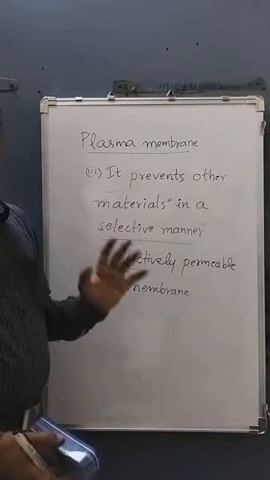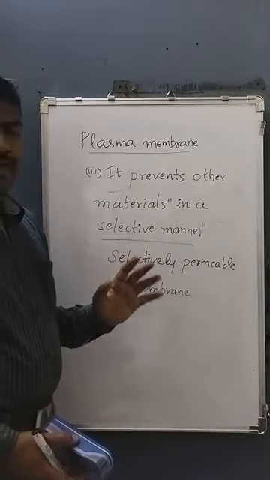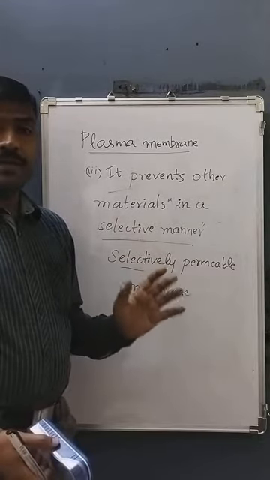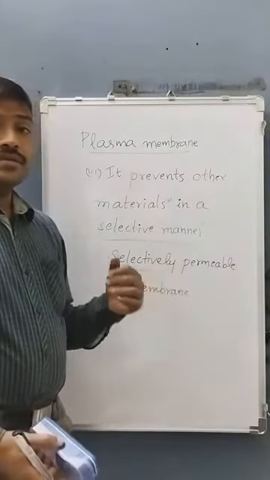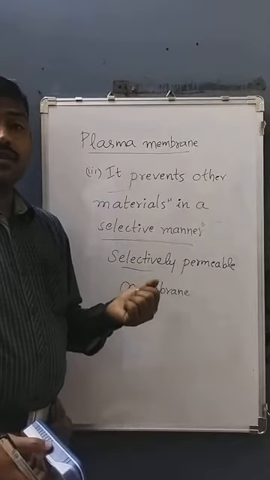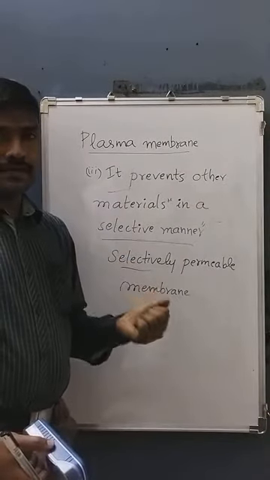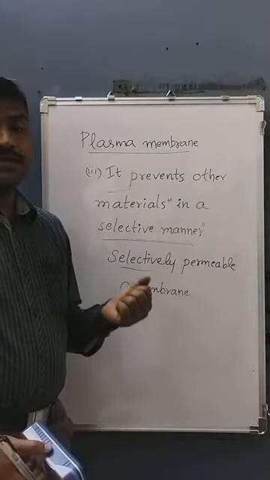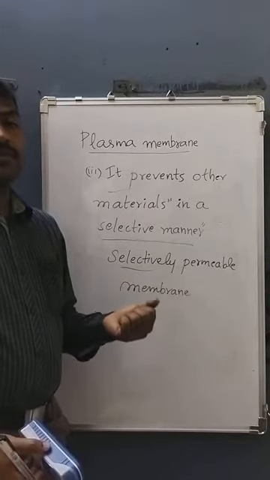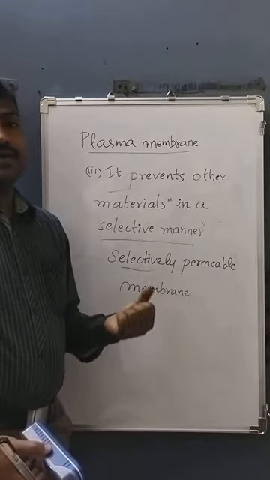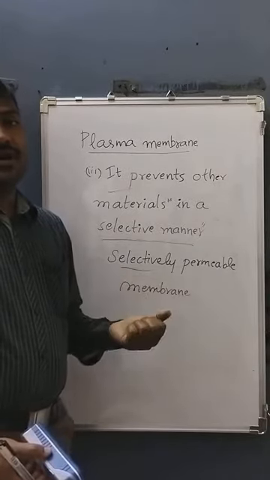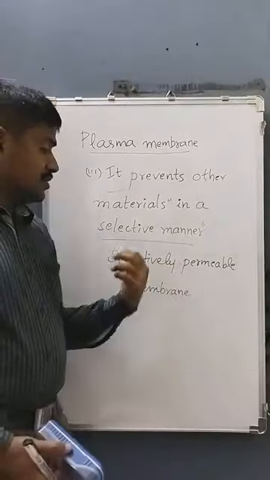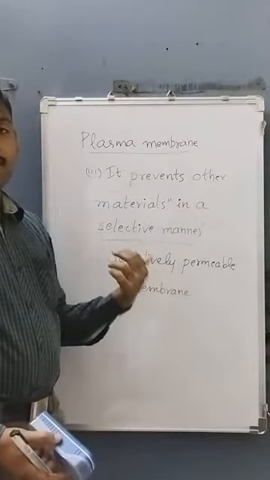So, the plasma membrane is called a semi-permeable membrane as well as a selectively permeable membrane. Why is it called semi-permeable? As it is able to permit only some molecules to move across it. And why is it called selectively permeable? Because it permits and prevents molecules in a selective manner.